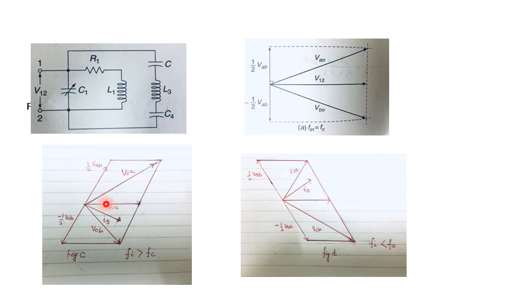Due to these developments, the angle between half VAB and V12 is slightly decreased in comparison with the earlier case, and the angle between V12 and minus half VAB is increased. So this angle is decreased and the lower angle is increased.